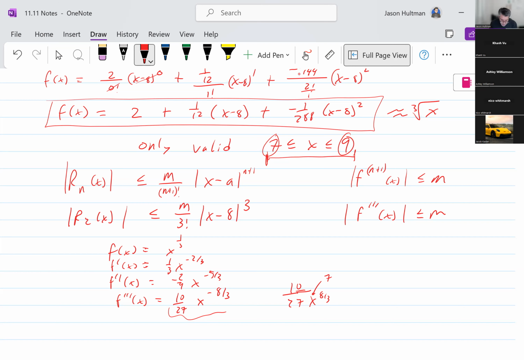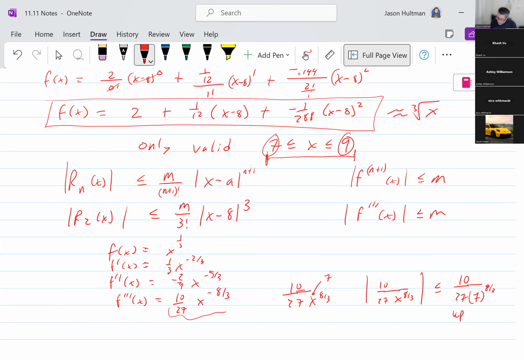Okay. So we can say that 10/27 absolute value x to the 8/3 is less than or equal to 10/27 7 to the 8/3 power. Okay, so that's going to be our upper bound.